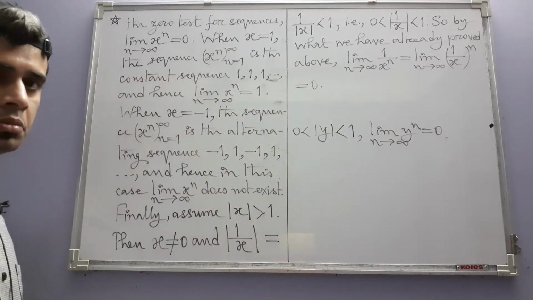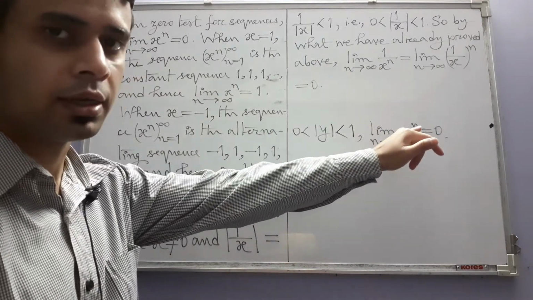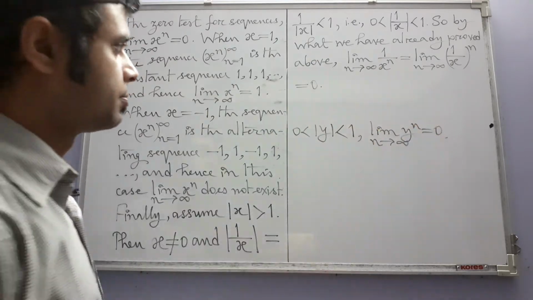This case we have already proved. So using that and in place of y taking 1 over x, we get this. Okay.